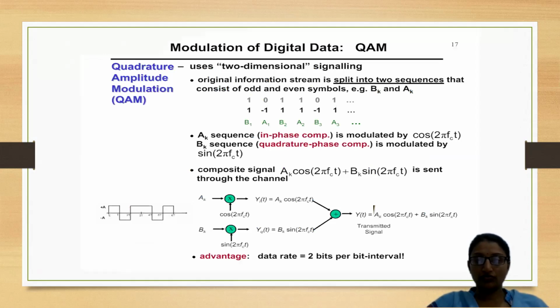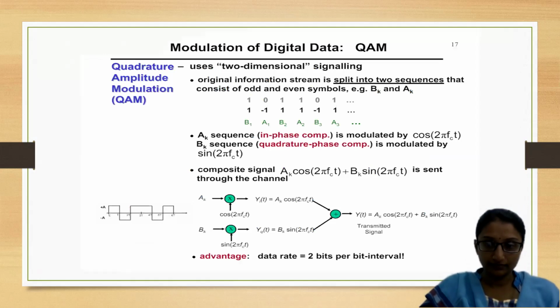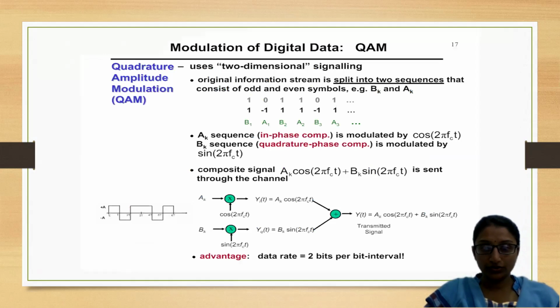The combination of two-dimensional signaling, AK cos 2 pi fct plus BK sin 2 pi fct, is sent to you through the channel. If you observe the modulated output, AK, the in-phase component sequence, is multiplied with the cos term, whereas BK is multiplied with the sine term.